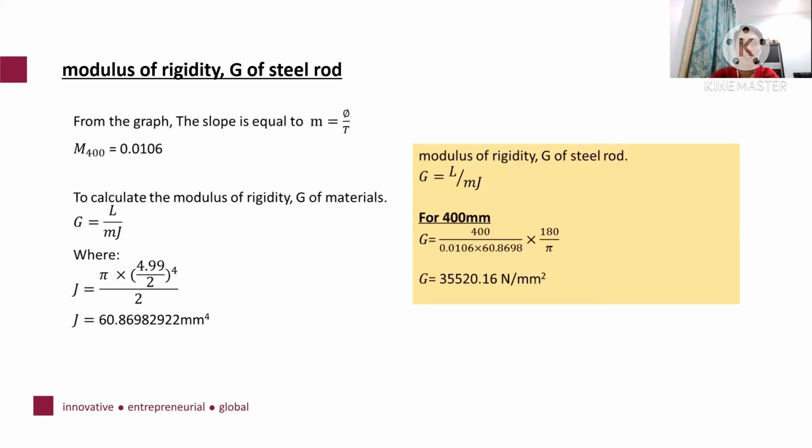From the slope, we can calculate the modulus of rigidity using the formula G equals L over mJ, where the value of J, the polar moment of inertia of the steel rod, is 60.87 millimeter. We substitute the values for L, m, and J in the formula, and we got the modulus of rigidity of the steel rod at 400 millimeter, G, equal to 3550.16 Newton.